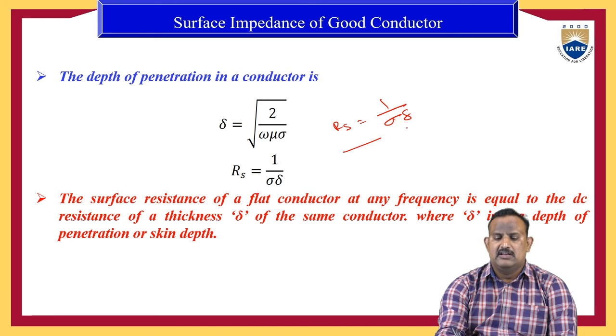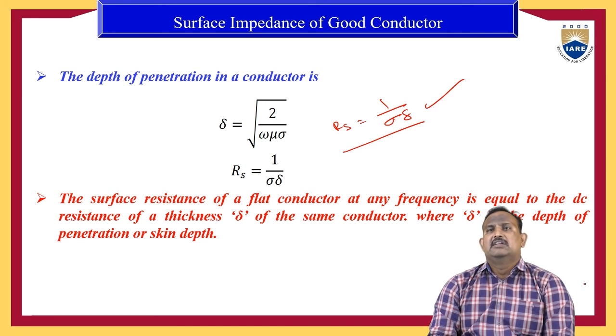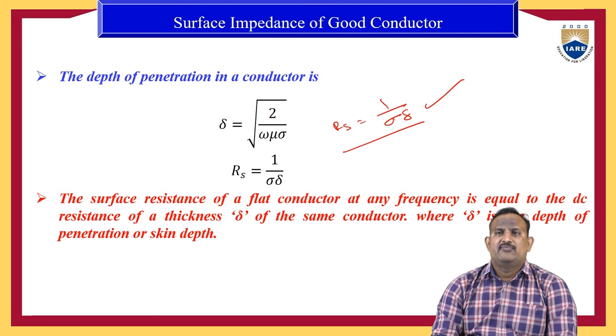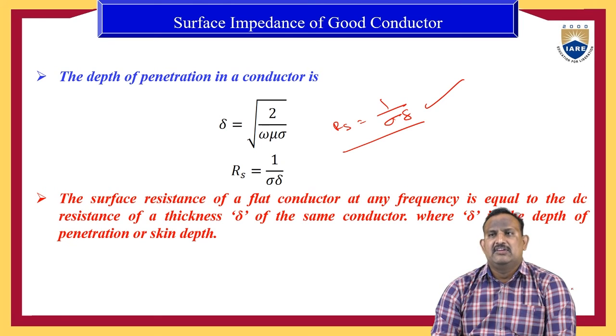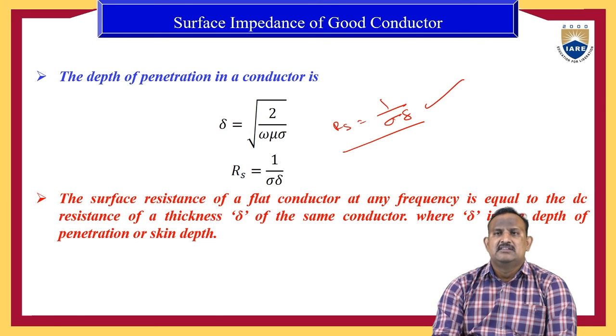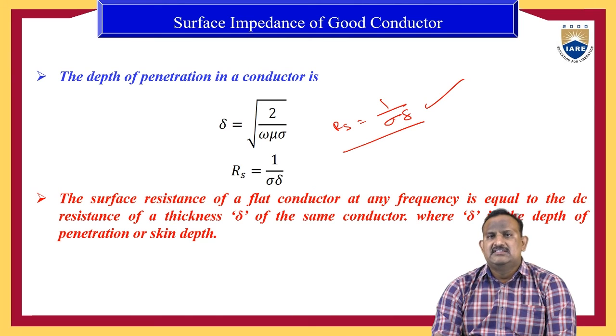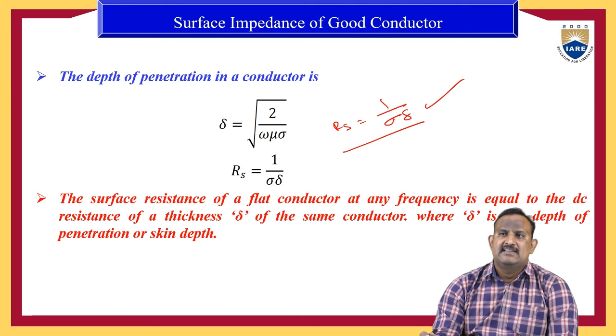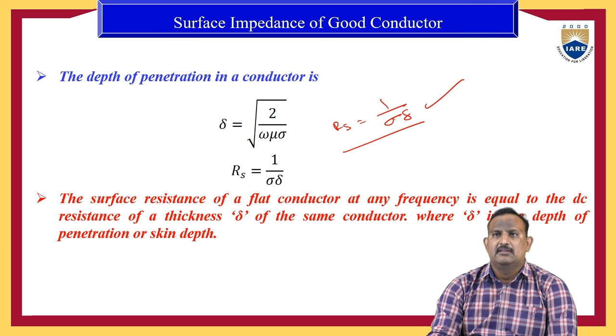Therefore we can have the Rs value, the resistance value. The surface resistance of a flat conductor at any frequency is equal to the DC resistance of a thickness delta of the same conductor, where delta is the depth of penetration or skin depth of a particular material.